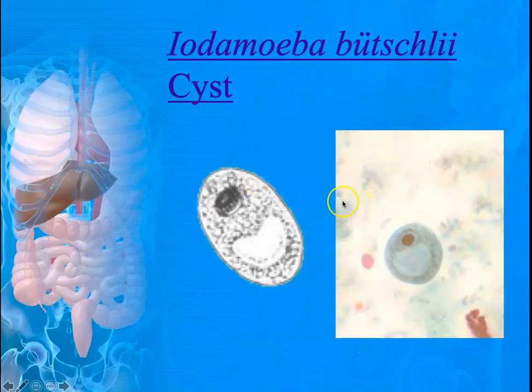So here's our very diagnostic, distinctive cyst that we could see. We see this glycogen vacuole. This is a permanently stained smear with trichrome, so it's not iodine. It's not a dark brown stain, but I note the clearing and then the one large nucleus.